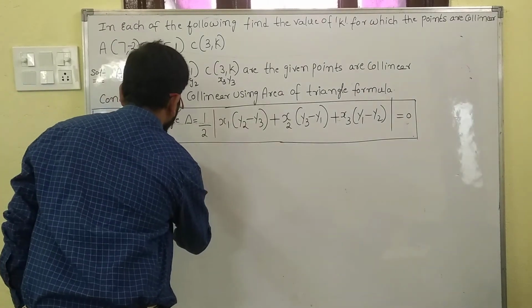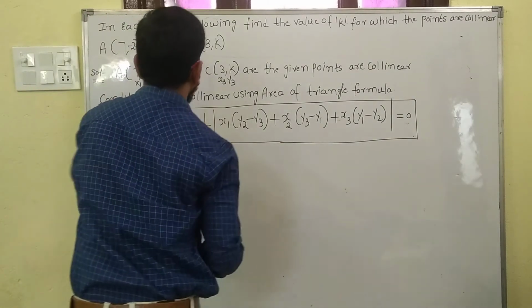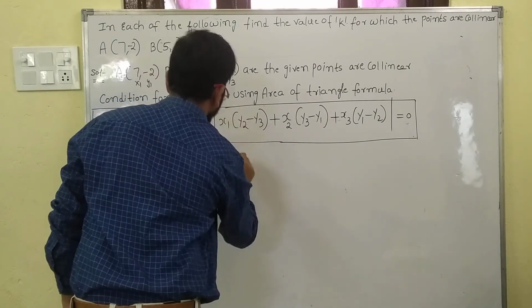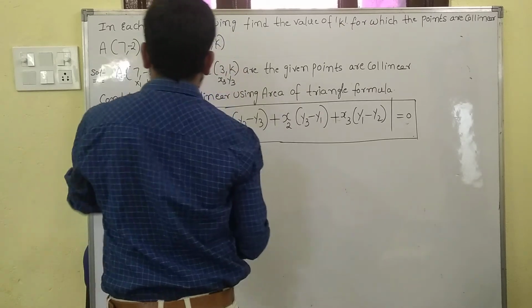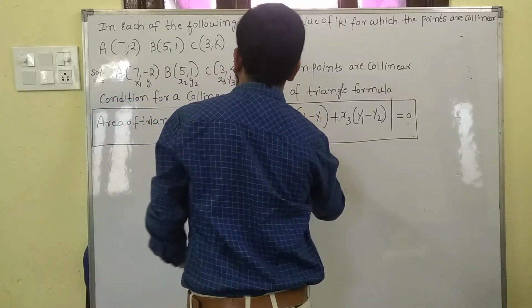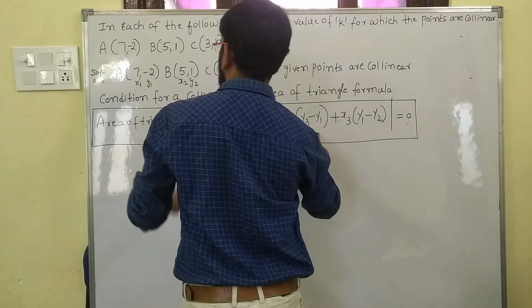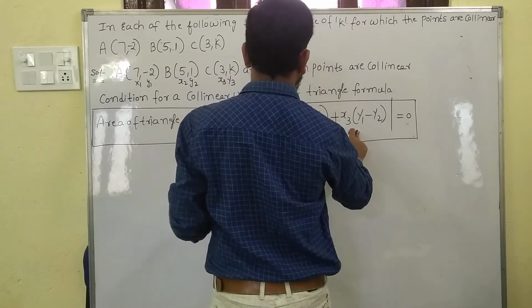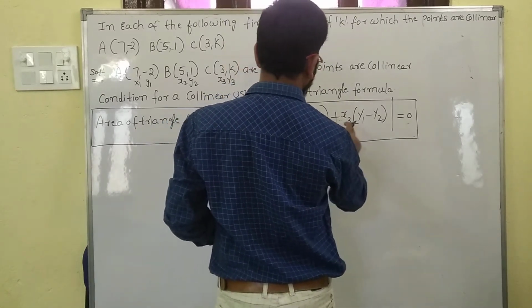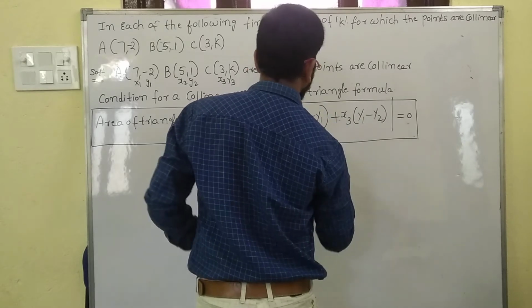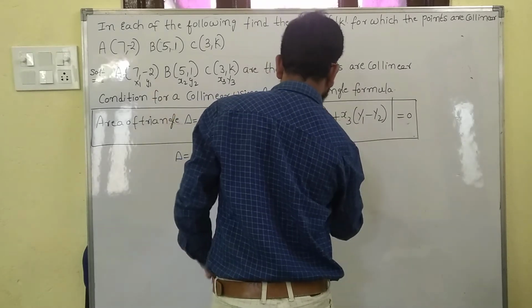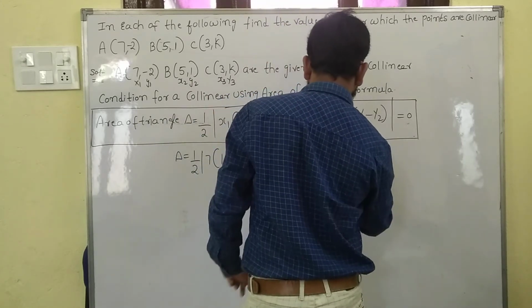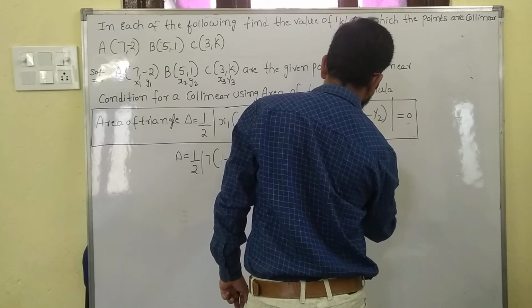That is delta equals half into x1, which is 7, into (y2 which is 1 minus y3 which is k) plus x2, which is 5, into (y3 which is k minus y1 which is minus 2) plus x3, which is 3, into (y1 which is minus 2 minus y2 which is 1), modulus, equals 0.